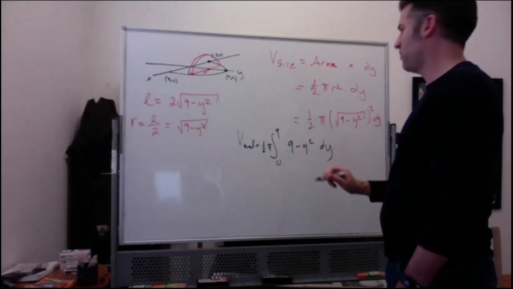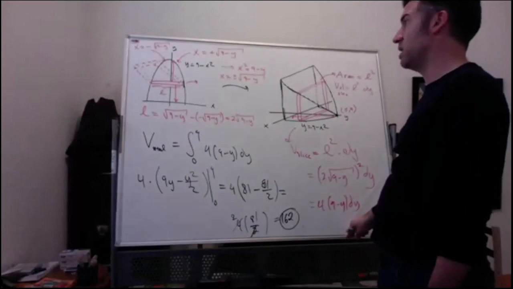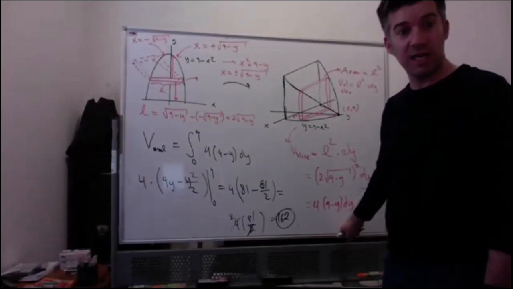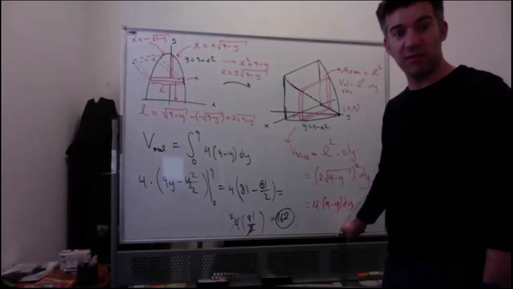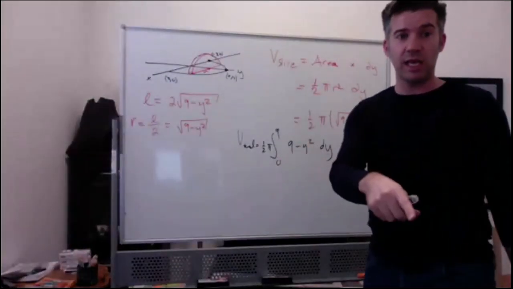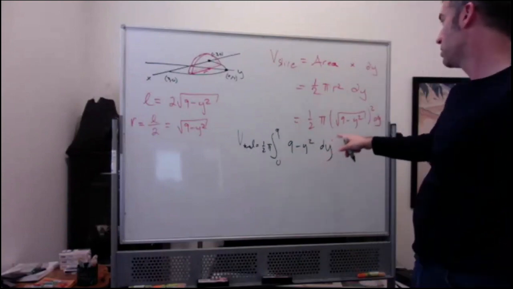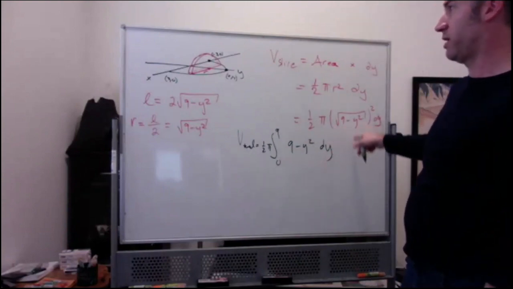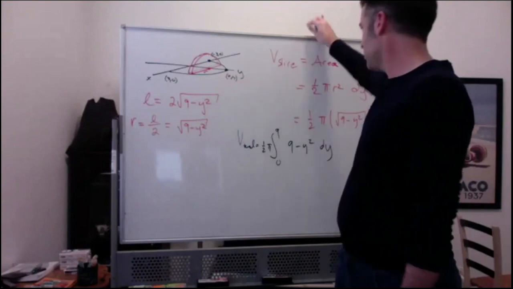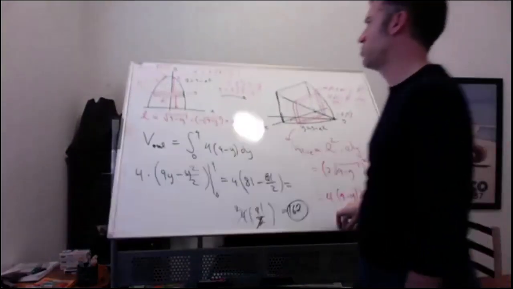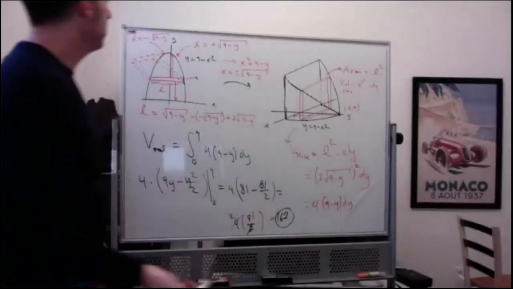I'm trying to think, did I make an error on the previous one? Oh, I did. I made a mistake in the previous problem. I'll fix it in a minute. Let's finish this one first. Sorry about that. If you guys think you see a mistake, let me know. Now I'm doubting myself. Let me double check. No, I didn't make a mistake.